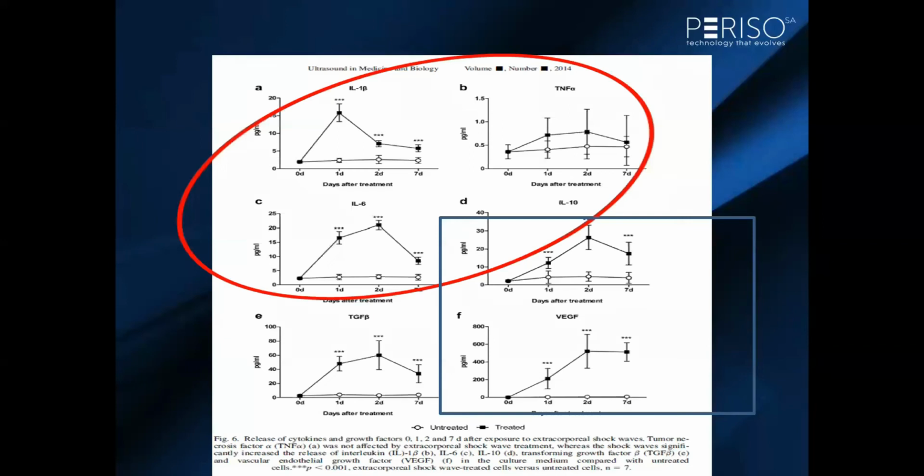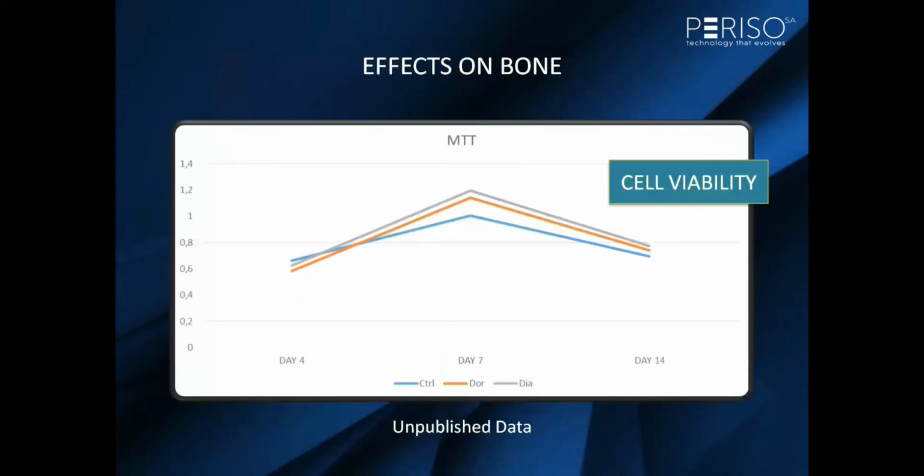With C2 shock waves and shock waves in general, we have the possibility to remodulate, decreasing the inflammatory cytokines and increasing the anti-inflammatory cytokines. That is another aspect of the start of the regenerative effect.